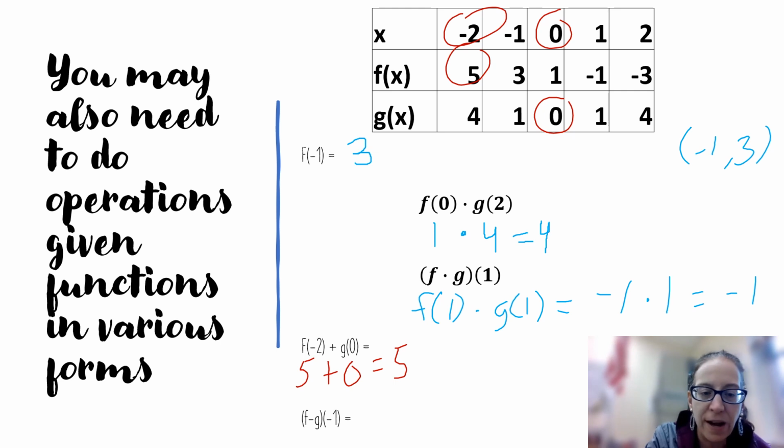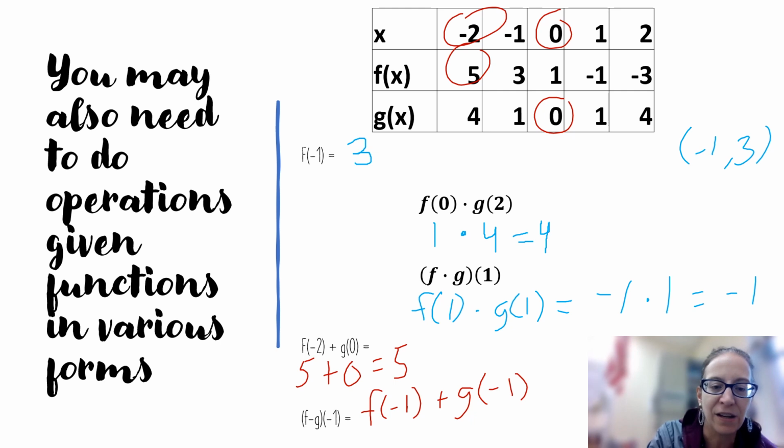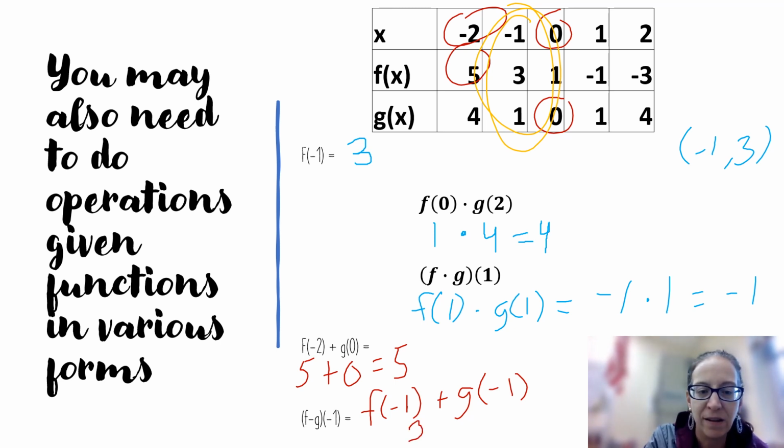This last one, f minus g of -1, you want to remember that that means that both values are going to be -1. So we're going to be looking at this column right here. So f of -1 is 3. Oh, and I copied that one. Hang on.